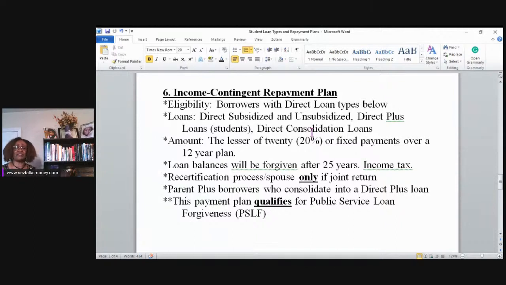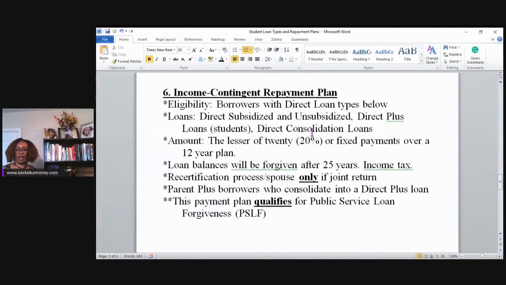So whatever it is, they'll divide it by 12, and whichever is less is what you would pay for this income contingent repayment plan. The same applies with the loan balances, except now loan balances will be forgiven after 25 years, and of course the income tax implications.